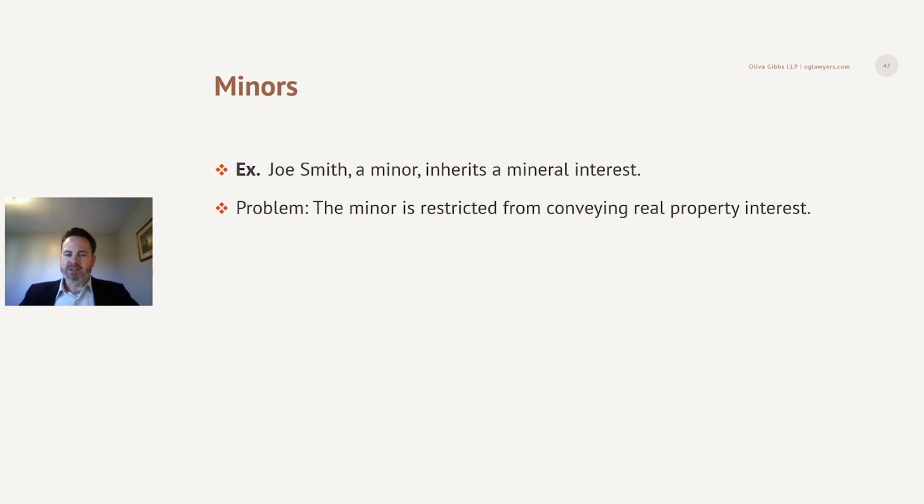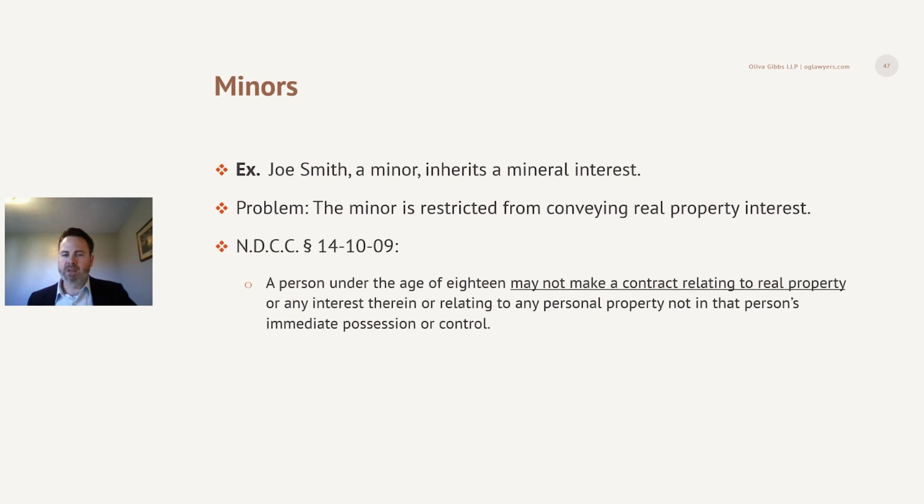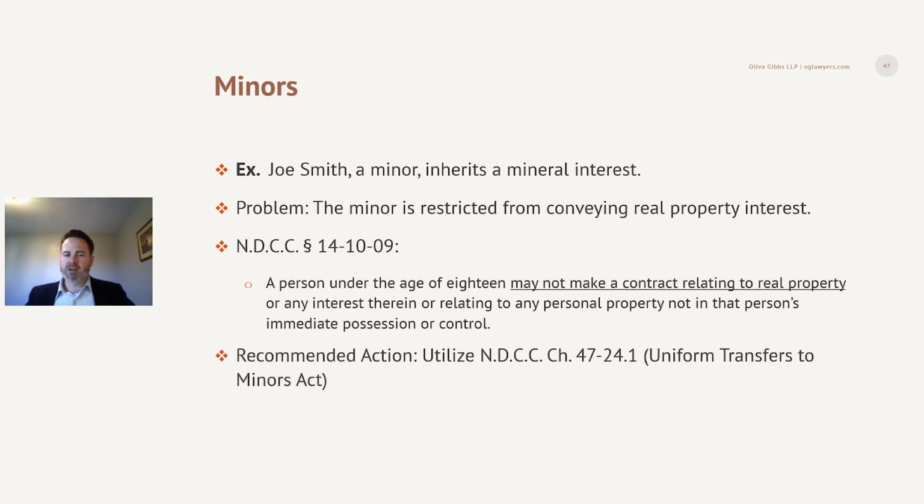As for minors, while a minor child can inherit interests in real property, transferring the interest from the child is another story. Section 1410.09 makes clear that a minor is prohibited from entering into contracts related to real property. Thus, one recommendation is to take advantage of the Uniform Transfers to Minors Act.